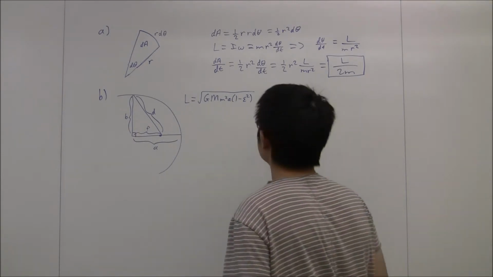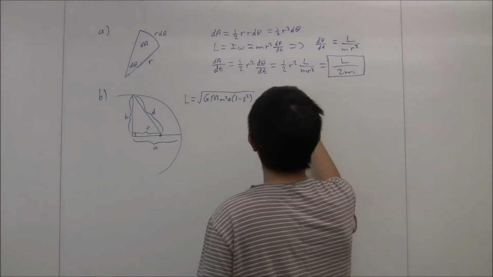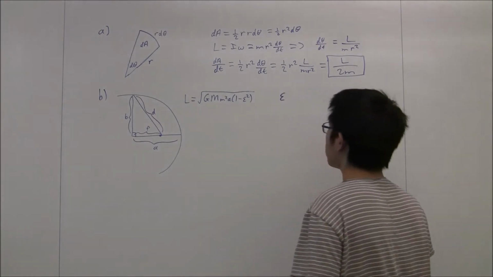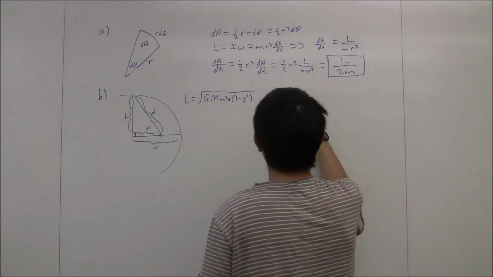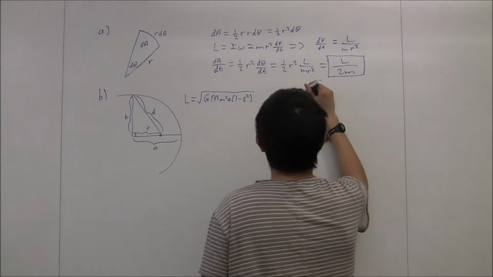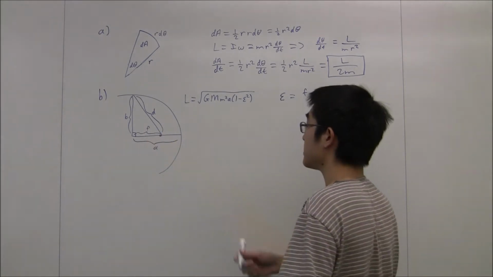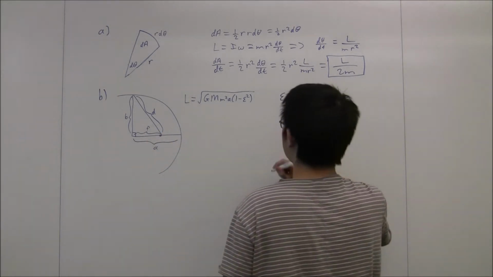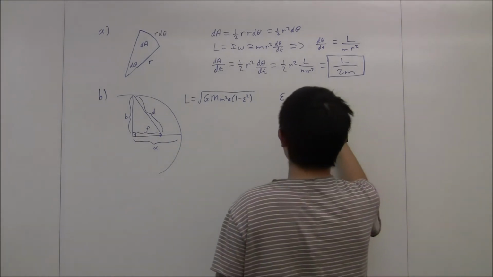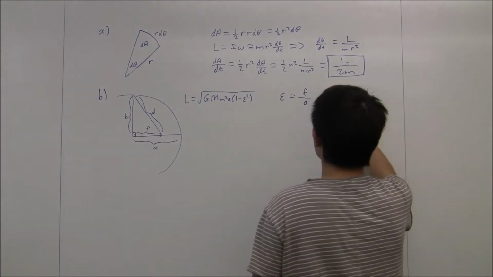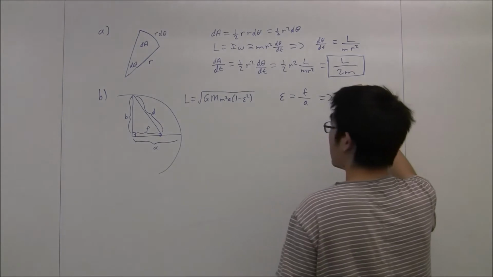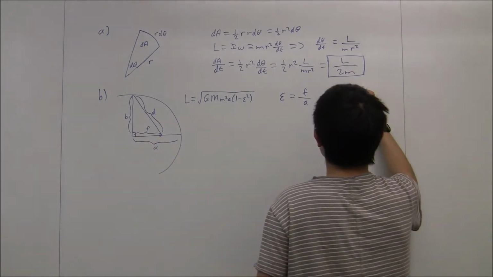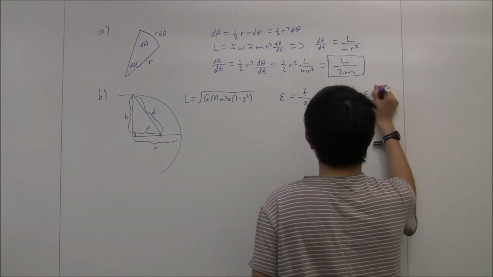Now, we know that epsilon is the ratio of the distance of the focal point from the center over the length of the semi-major axis, which is a, which means that f is just equal to epsilon a.